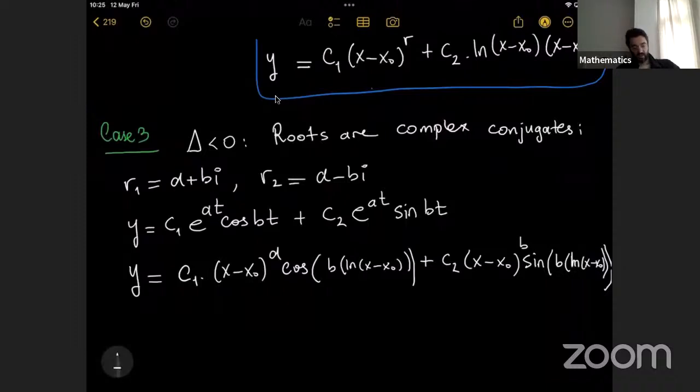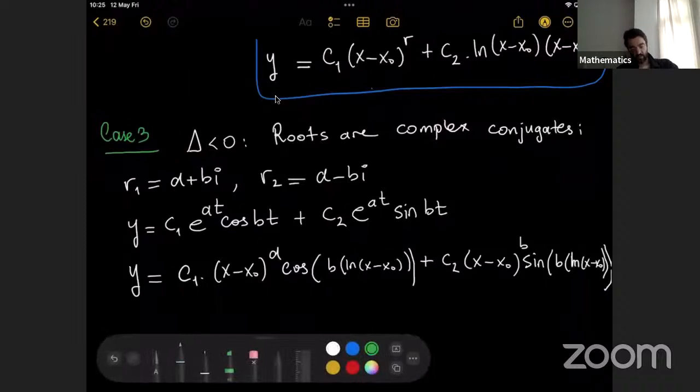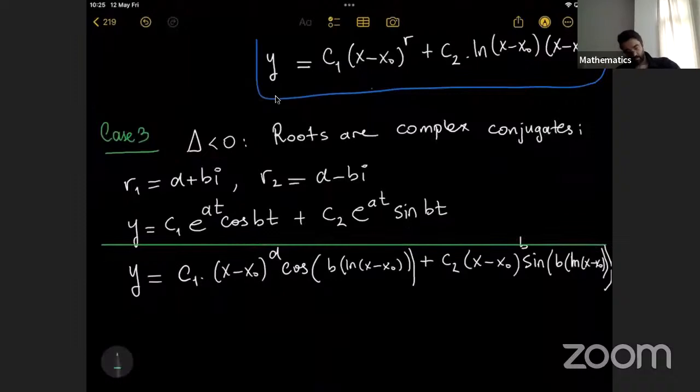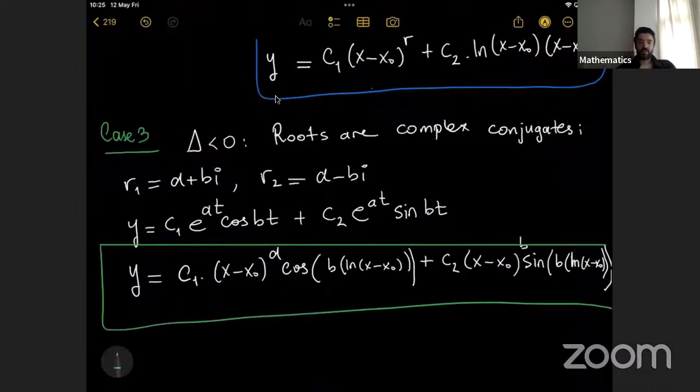So this is the general solution when we have a negative discriminant. All right, any questions with this?